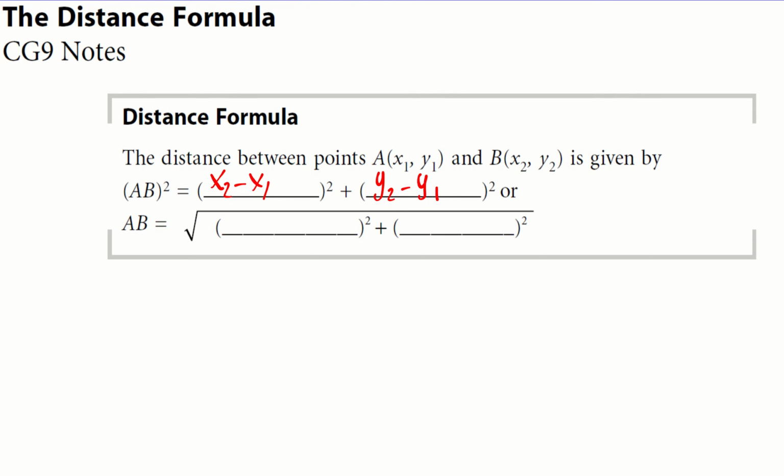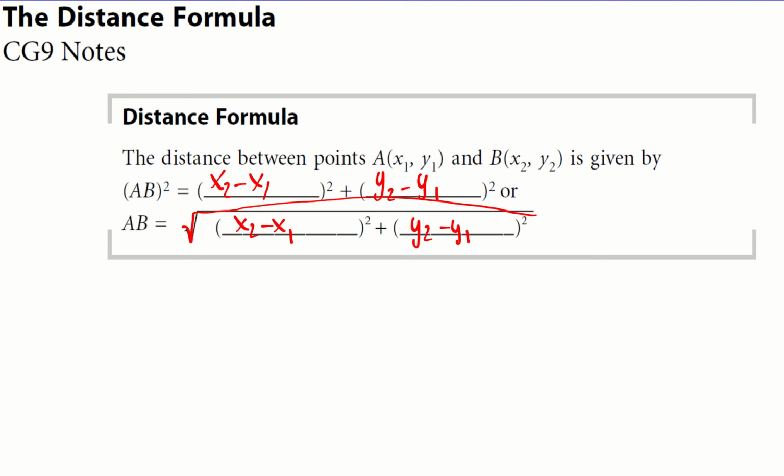After you do that, you want to take the square root of both sides. That's why we have the radical here, because we want to take the square root of that sum. So again, we write (x sub 2 minus x sub 1) squared plus (y sub 2 minus y sub 1) squared. Add them up, then take the square root.